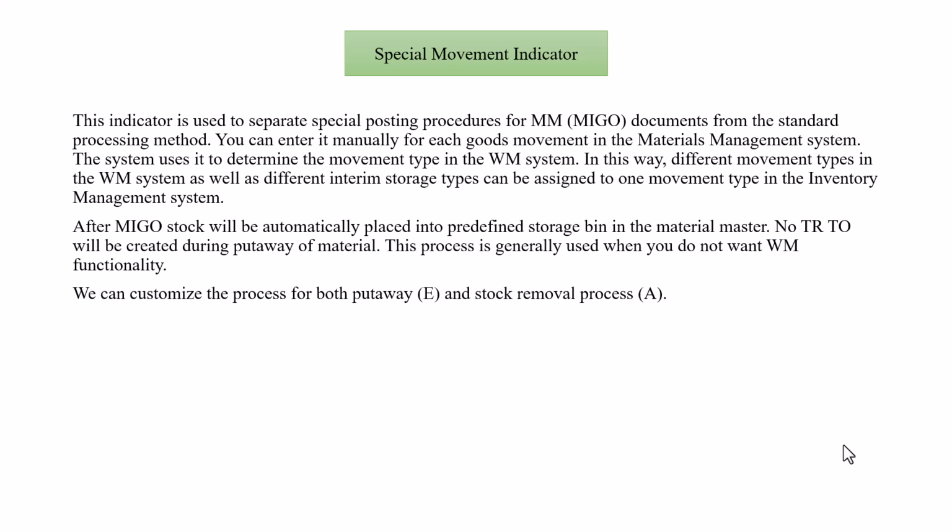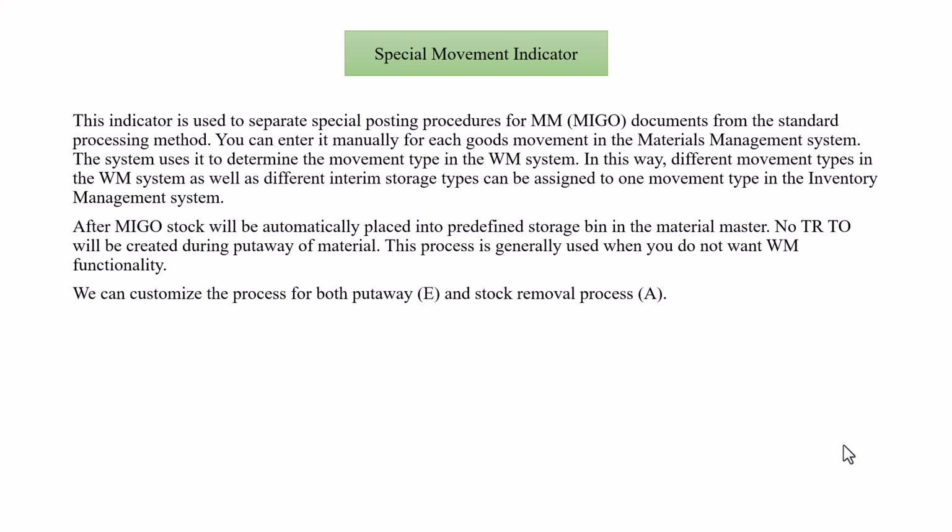If we assign this indicator to a material, whenever the material comes into our warehouse, it will directly go to a predefined storage bin without following the normal process. And this customization is given in warehouse management system to treat material as a special kind of material.